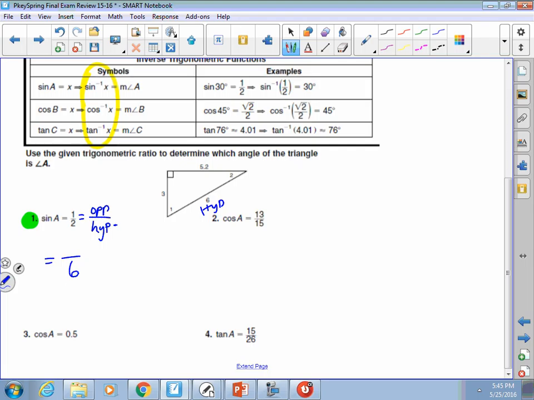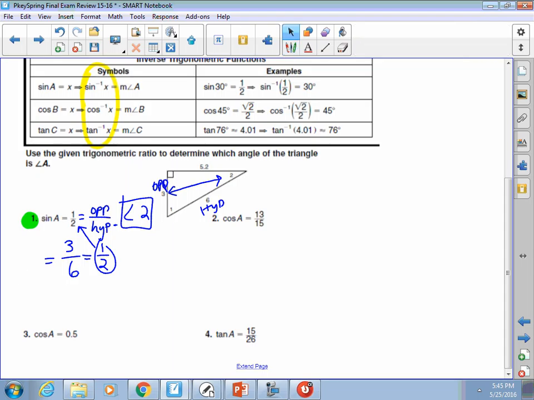But we want it to reduce. What would our number have to be so that it reduced to 1/2? Well, 3 over 6 reduces to 1/2. So that means 3. So now I'm going opposite of that. So our answer would be angle 2. Okay, because this would be opposite of each other.